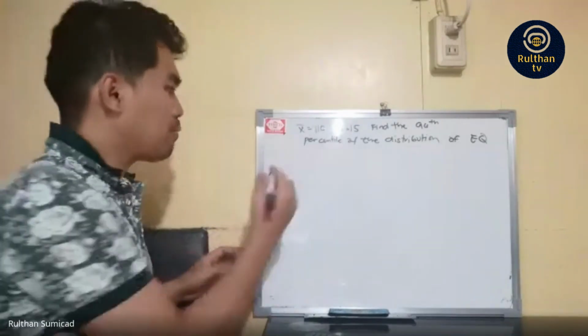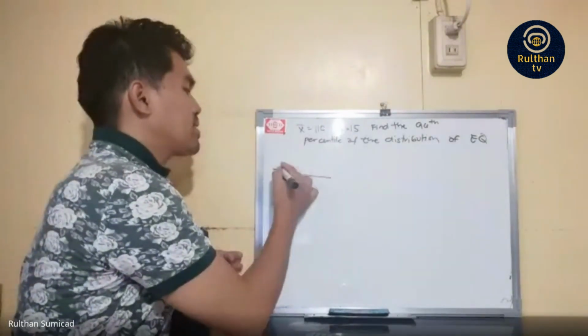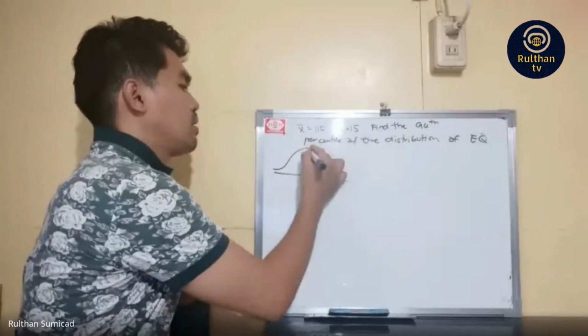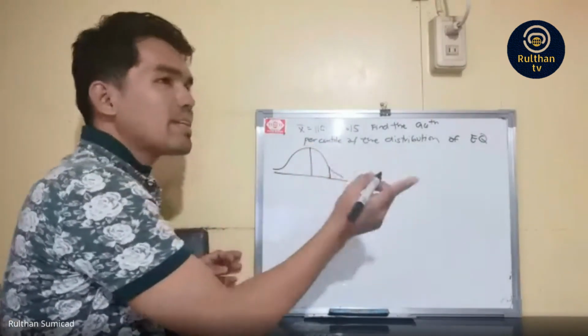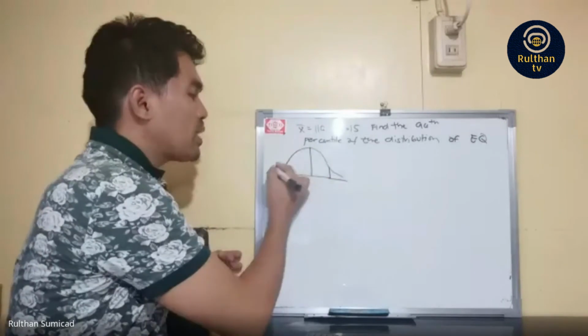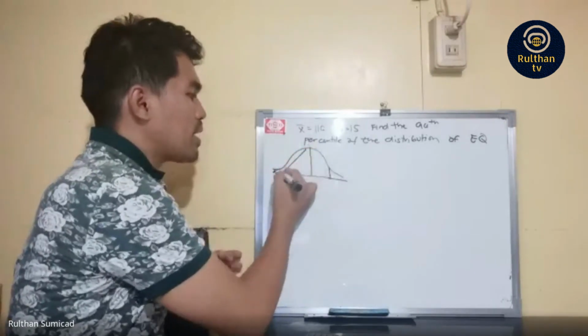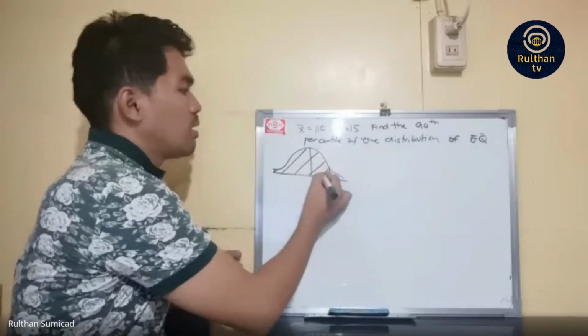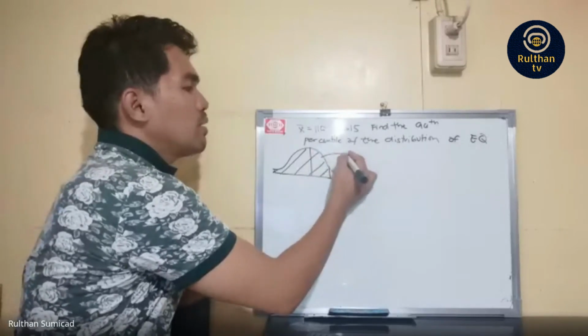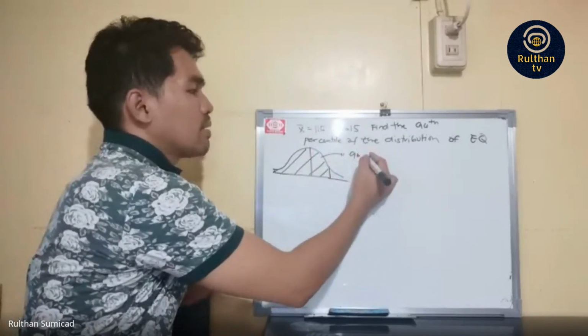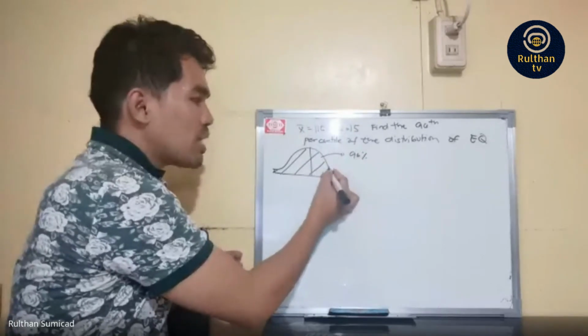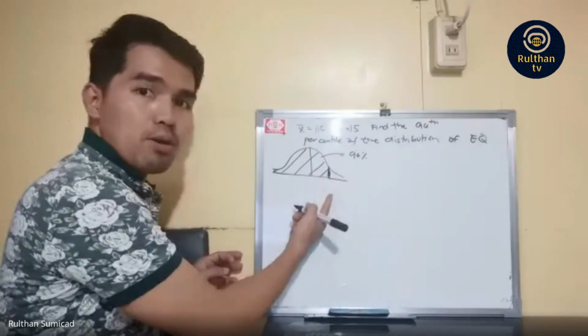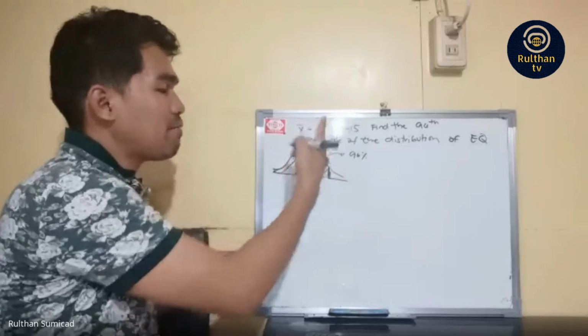So for this one, if we draw the diagram, it's like this. Since it is the 96th percentile, assuming that this portion up until here is equivalent to 96%, the question is what is the value of this point given this information?